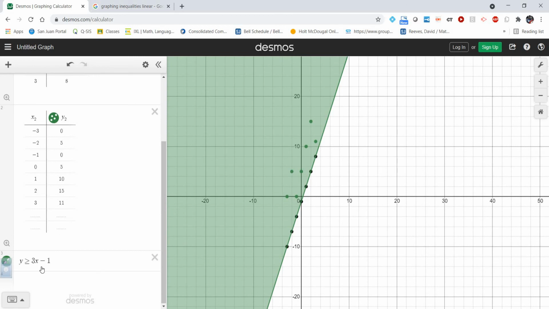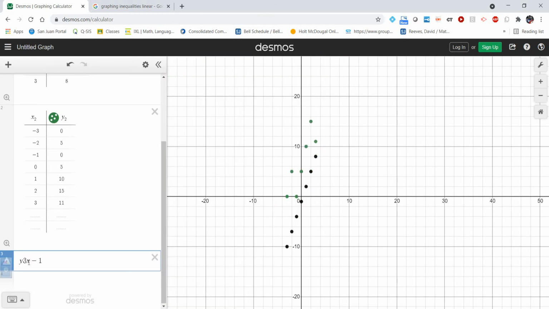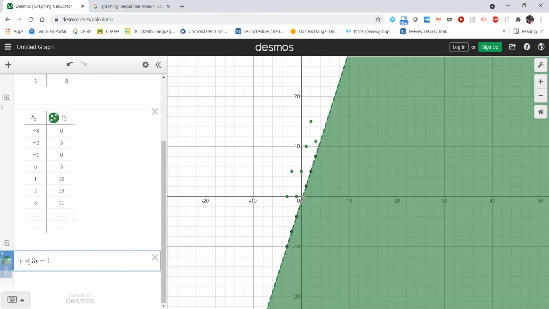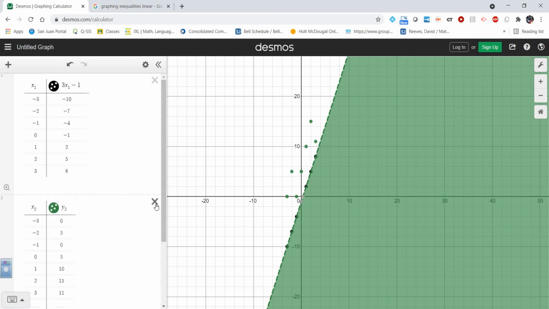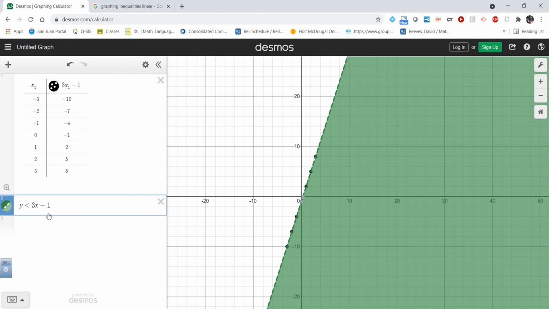Just a reminder, if we have equals, we get our line. If we have less than, we get below the line. Let me eliminate this extra table right there so we don't have the points. So less than is below the line, but dashed.